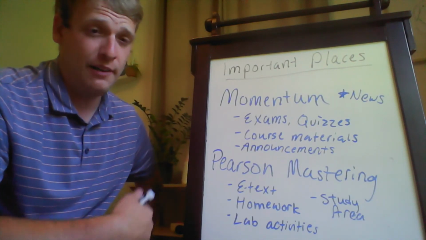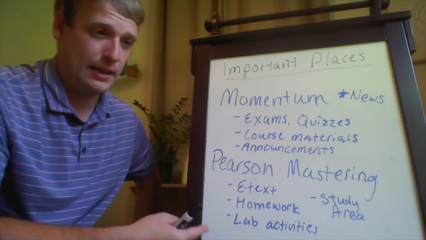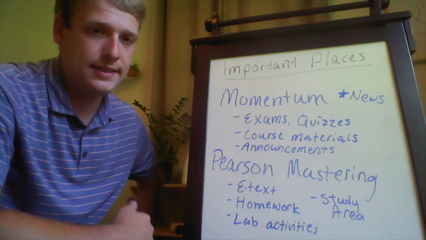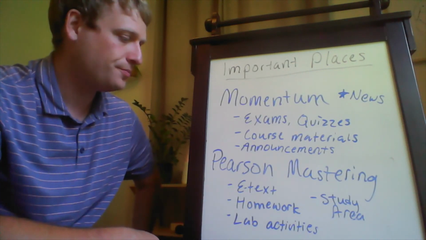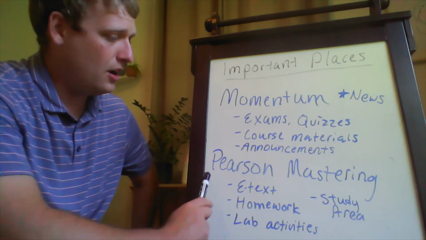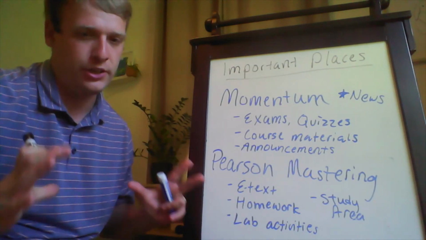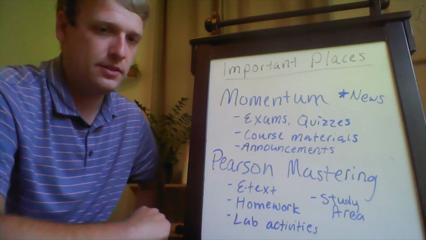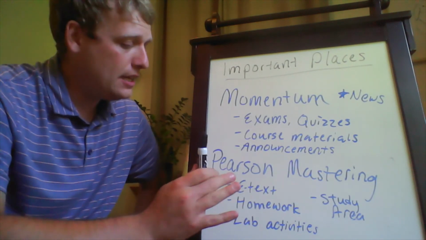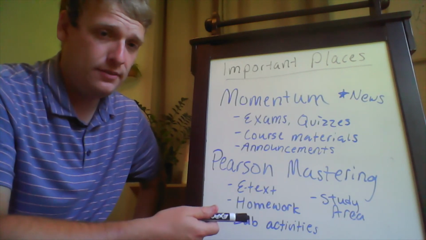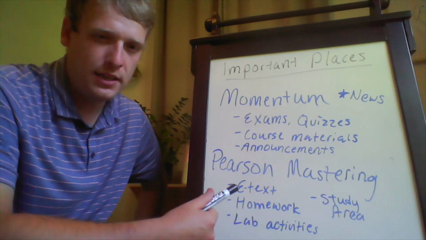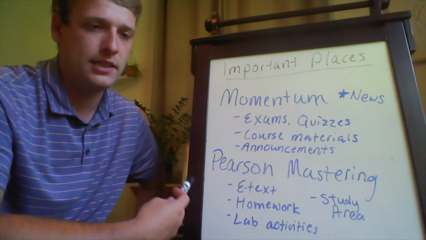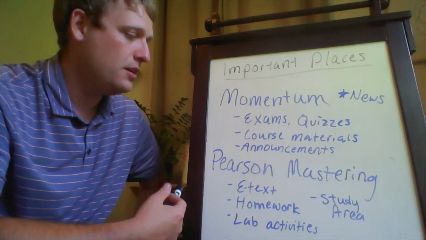If you haven't bought a physical version of the book, like a paper copy, you'll be able to use this e-text to get your reading accomplished. Again, on Pearson Mastering, there's a calendar that you can access that shows you all of your assignments, and I've already assigned reading assignments. Those reading assignments are just for you to know exactly what content we're covering and when.